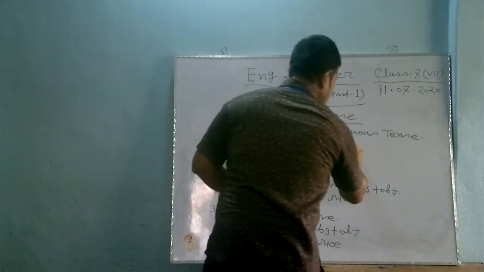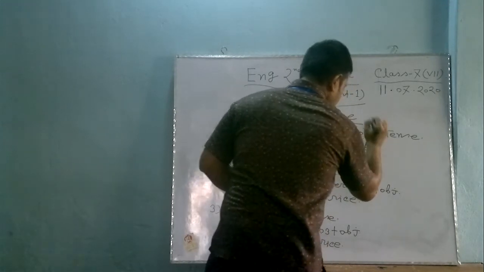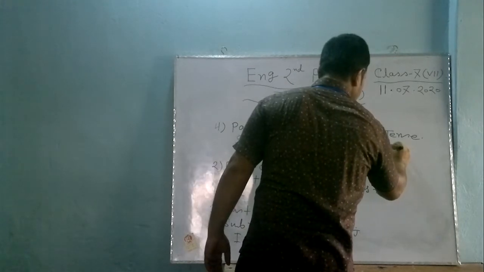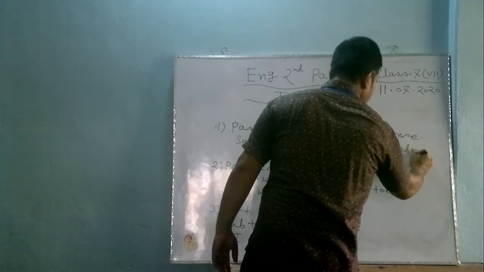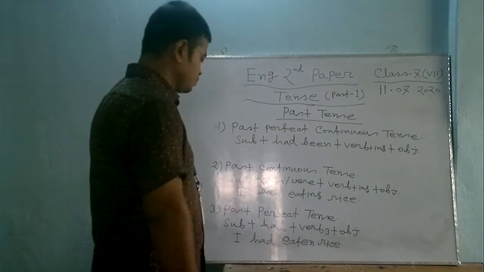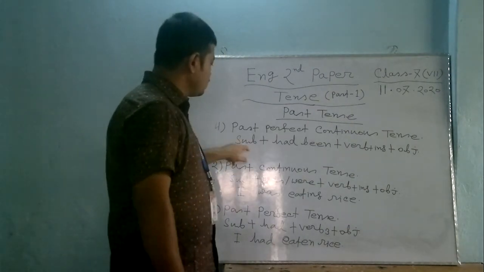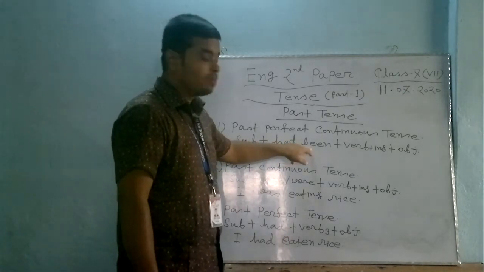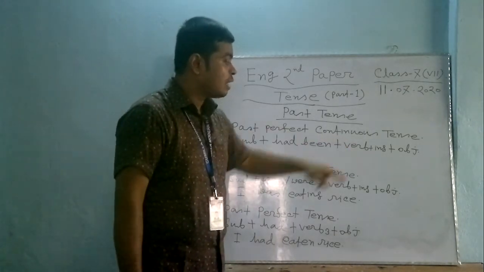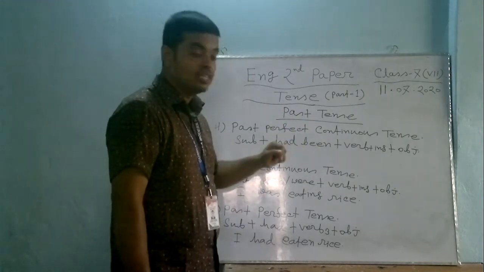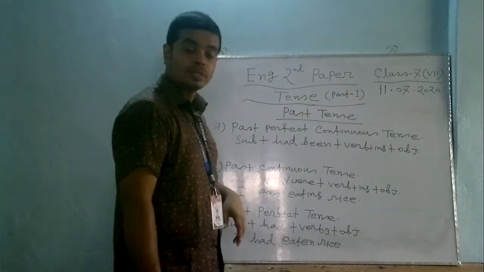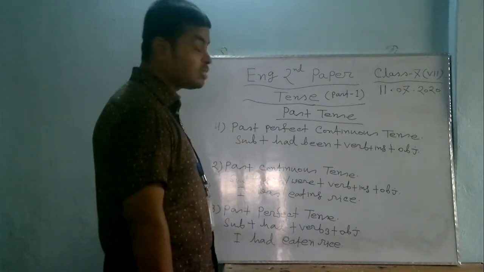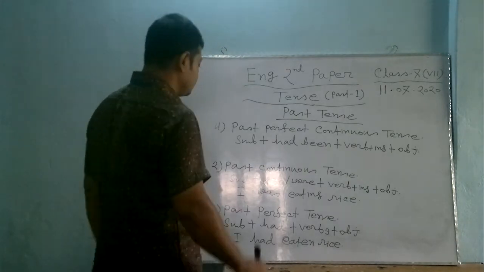Plus verb with adding ing, plus object. First we write the subject, plus the auxiliary verb had been, then adding ing with the verb, and the object. Now we can make a sentence for past perfect continuous tense by following the structure.